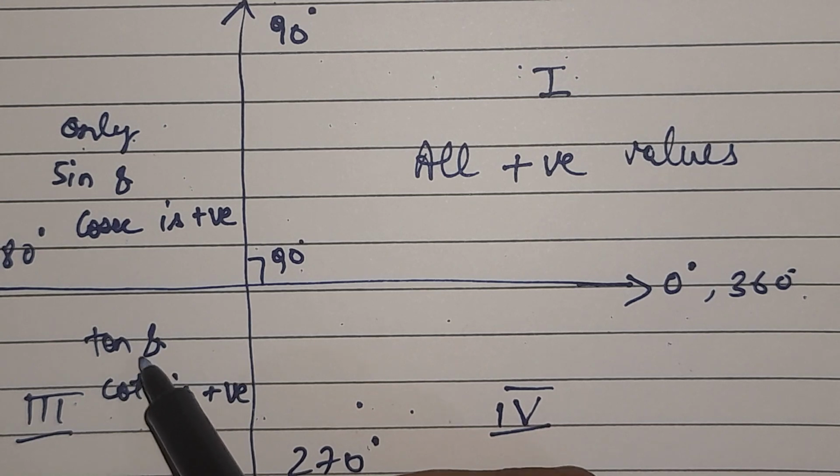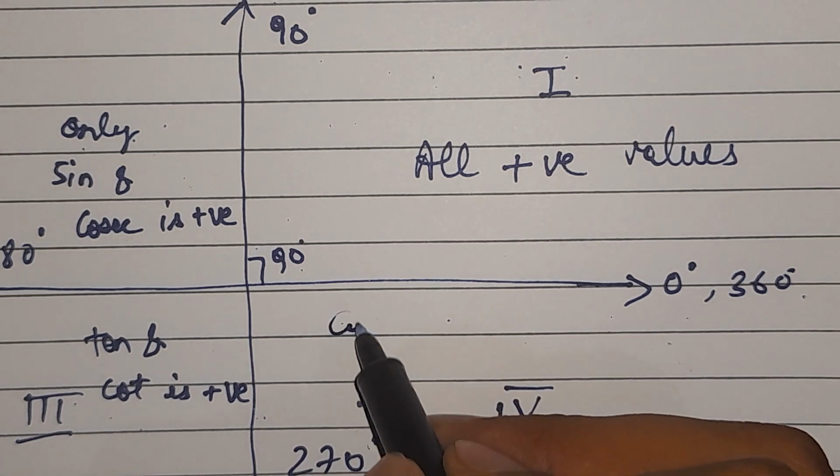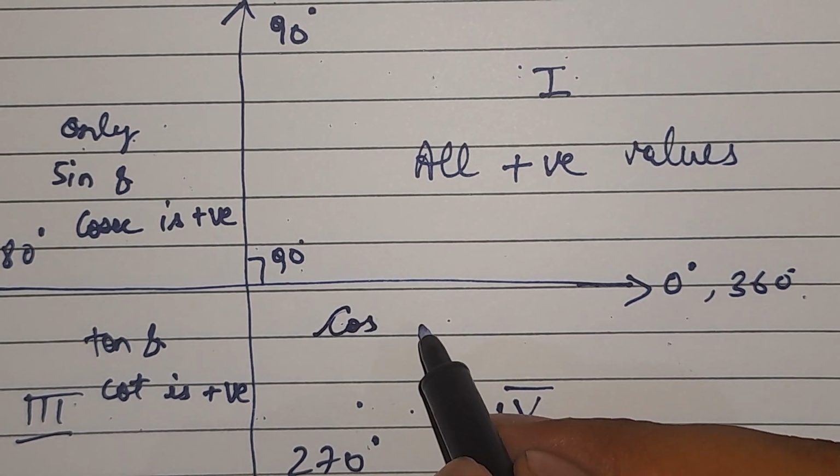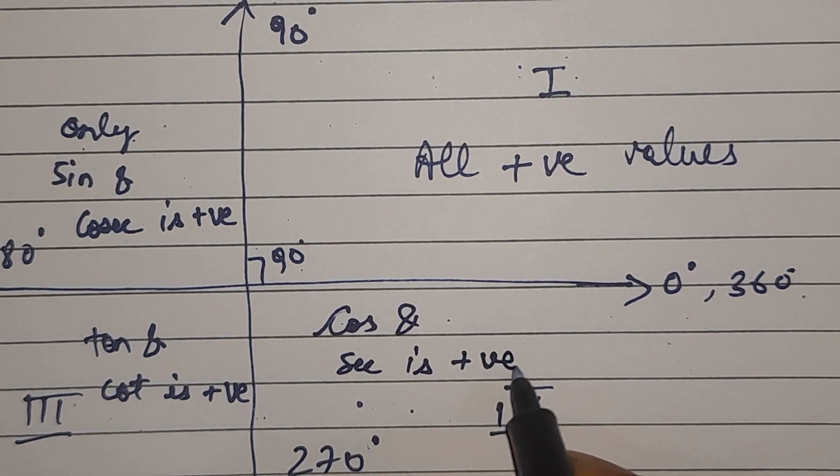Similarly, the value of tan and cot is positive in the third quadrant. If the angle lies between 180 degrees and 270 degrees, then only tan and cot are positive. Similarly, in the fourth quadrant, cos is positive, and its reverse, sec, is positive. All others are negative.